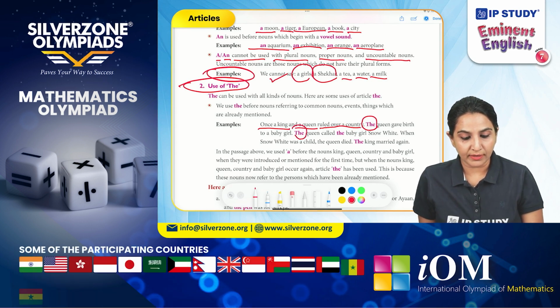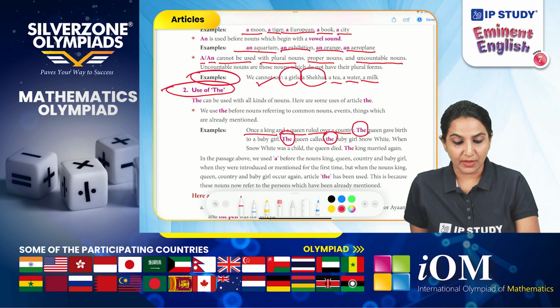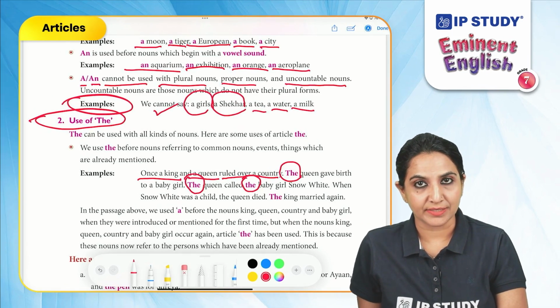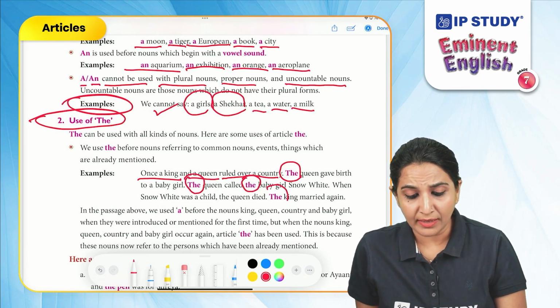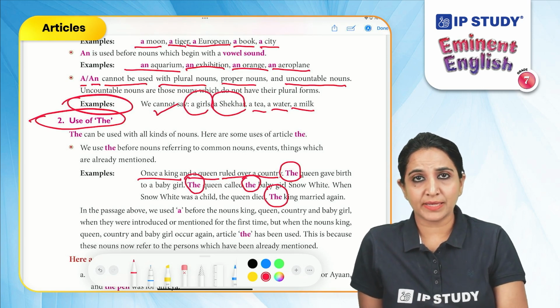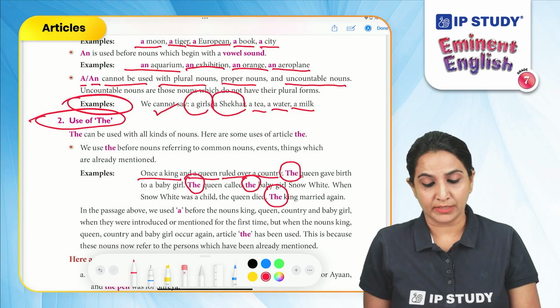The queen called the baby girl Snow White. When Snow White was a child, the queen died. The king married again.